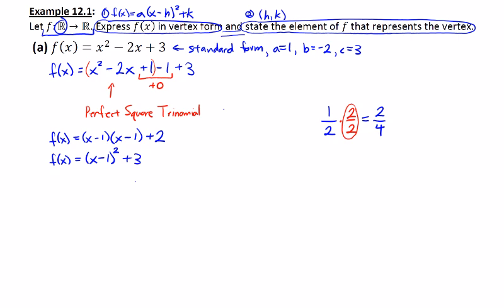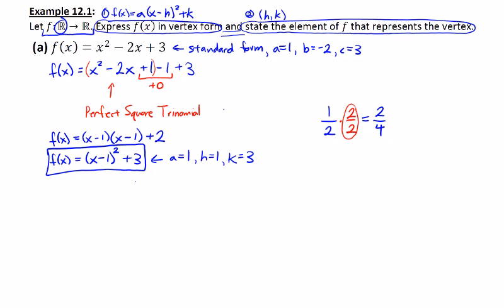And just like that, we now have the vertex form. I know that it's the vertex form because I can say that a would be equal to 1, just like a is equal to 1 in the standard form, but my h is also equal to 1 and k would be equal to 2.